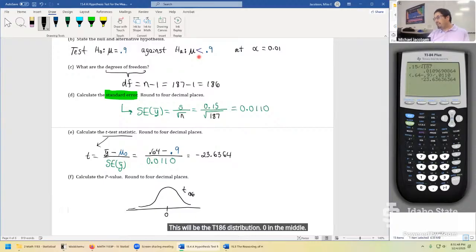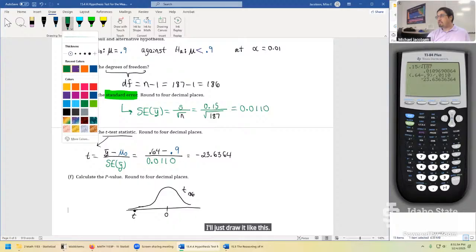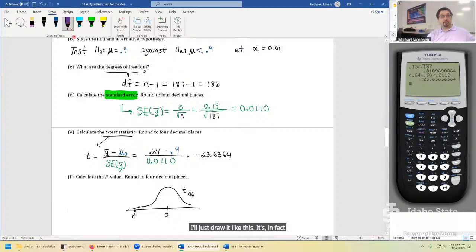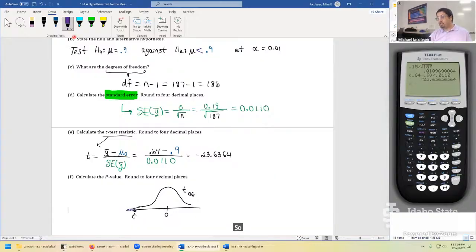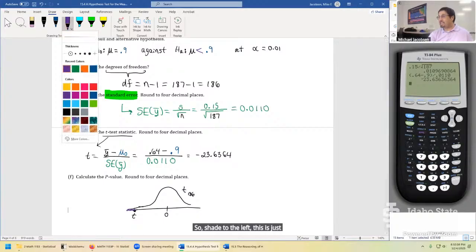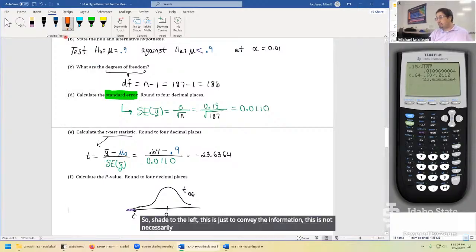And I really don't have an accurate way to actually plot the test statistic T. I'll just draw it like this. It's in fact just off the page. It's out of the room, basically. It's so far to the left. So shade to the left, this is just to convey the information. This is not necessarily to scale any longer.